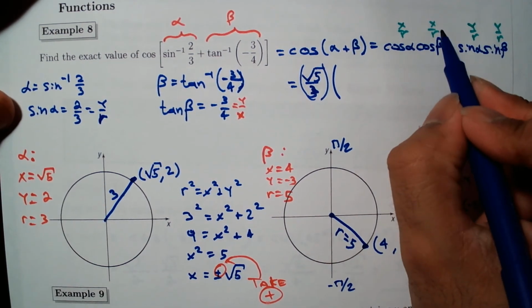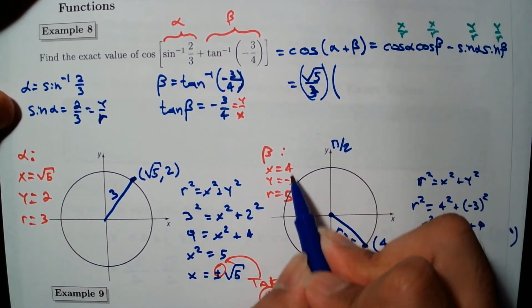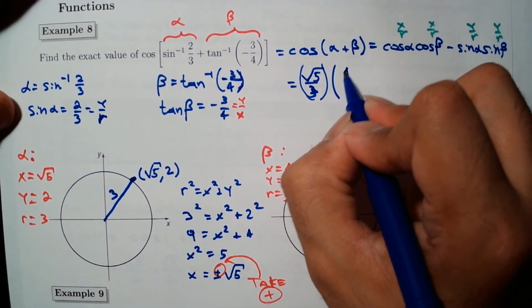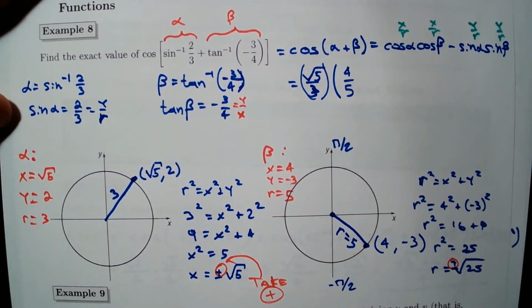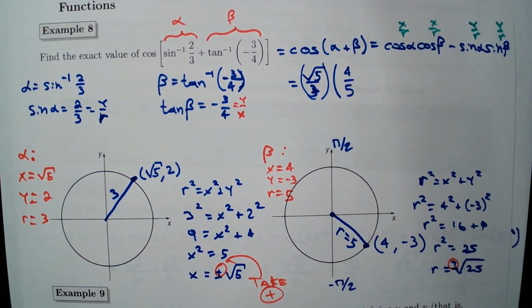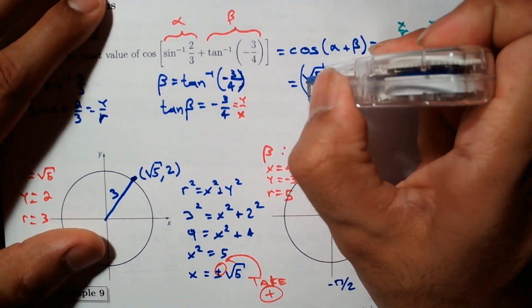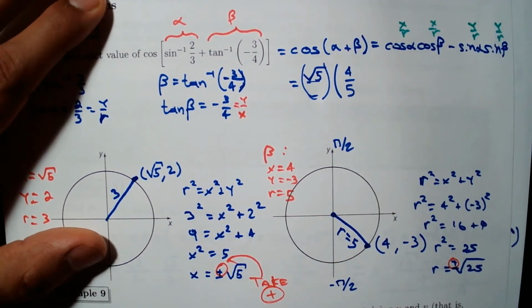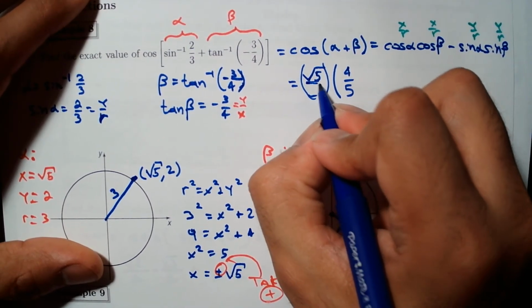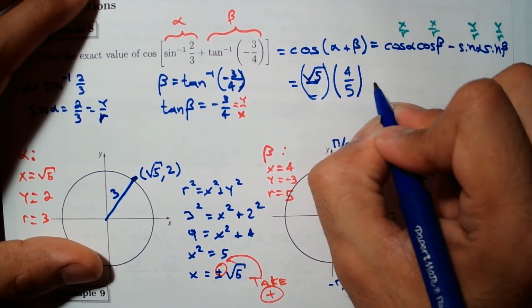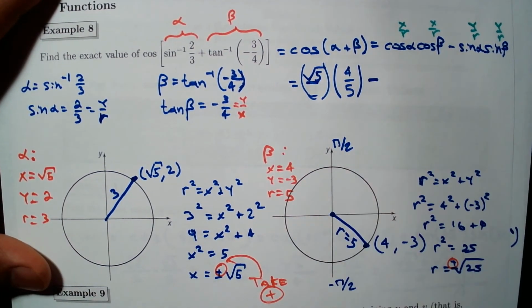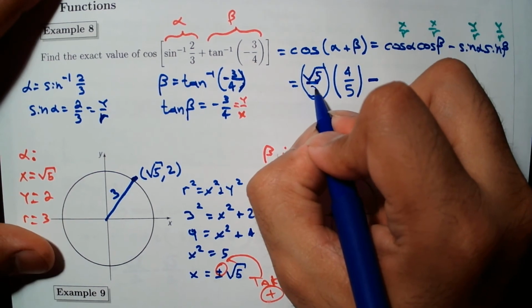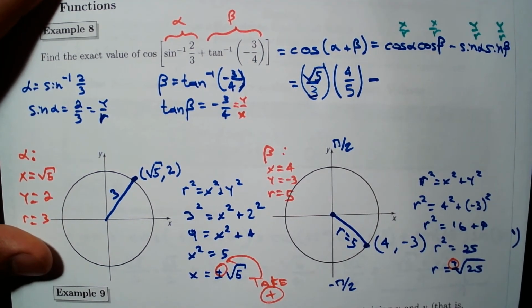Times x over r, but for beta, 4 over 5. Okay, yeah, that 3 looked a little bit messy. Let me fix it. Minus, okay, that's a 3, of course.